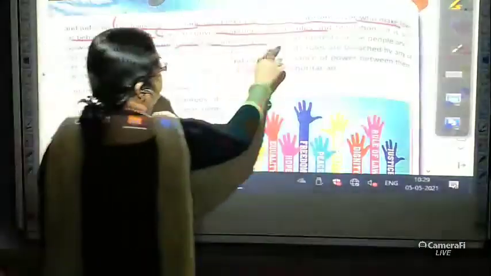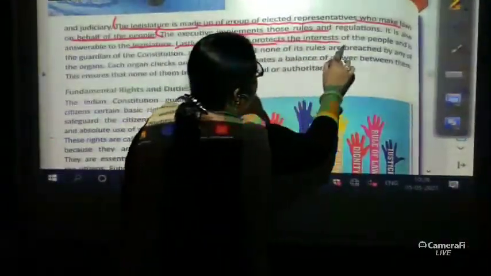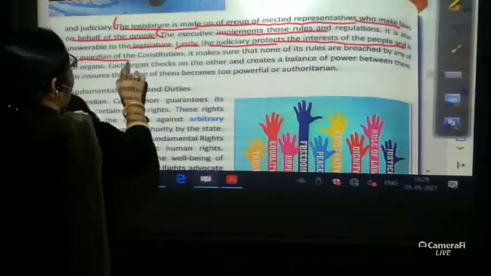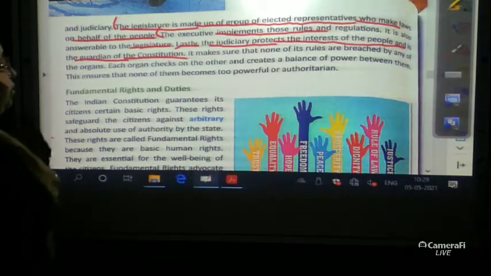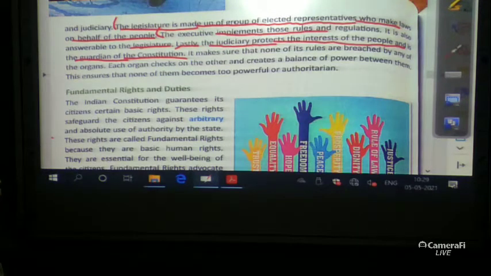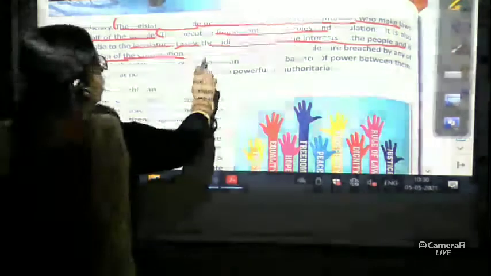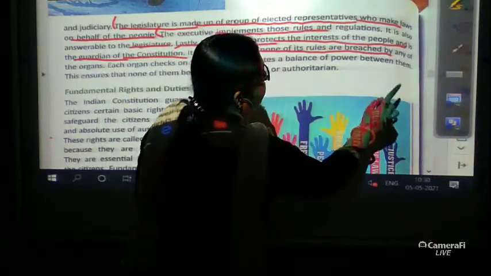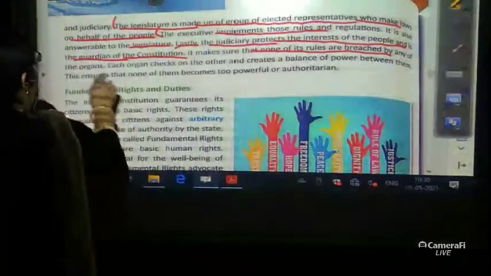Lastly, the judiciary protects the interests of the people and is the guardian of the Constitution. It makes sure that none of its rules are breached by any of the organs.